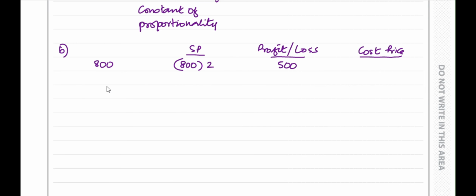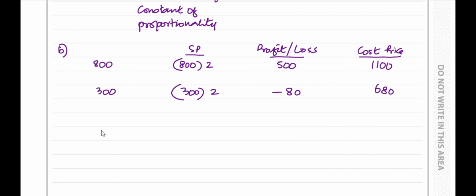When 300 soaps are made and sold, the price will be 300 times 2, and there is a loss of 80 here. So from this we know 1600 minus 500 will be 1100, the cost price. In this case, 600 plus this 80, because it's a loss, should be the cost price, that is 680.